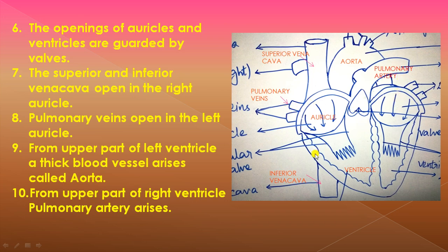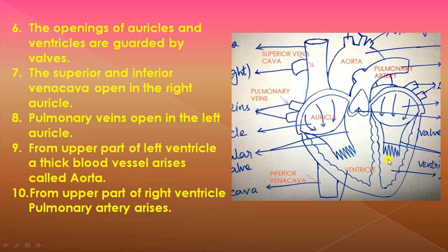Then from the upper part of the left ventricle. So which is the left ventricle? This is the left ventricle. From the upper part of the left ventricle, a thick blood vessel arises, which is called the aorta. So where does this aorta arise?